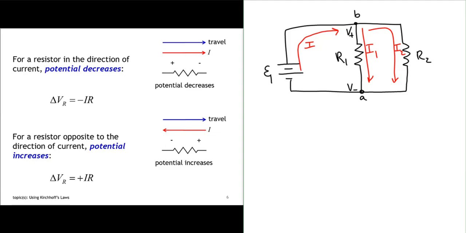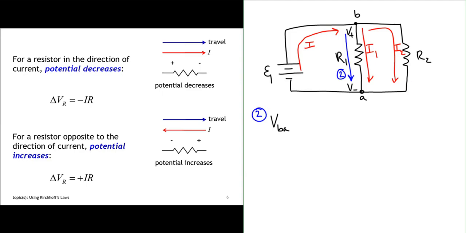So let's say we choose to evaluate the voltage from B to A. So I will call this path 2, from B to A. So for path 2, the potential difference from B to A, we are going from high potential to low potential. But instead of looking at it like that, because you're not always going to know which point is the high potential and which point is the low potential.